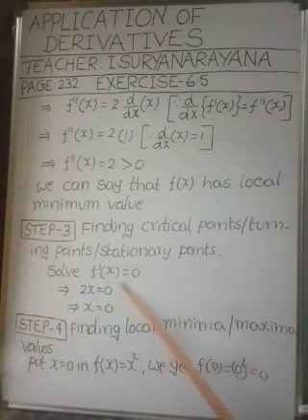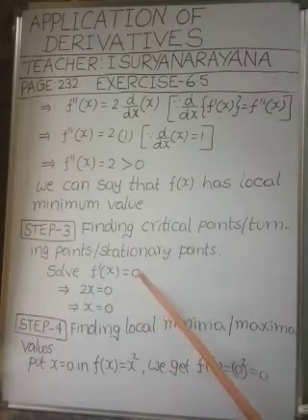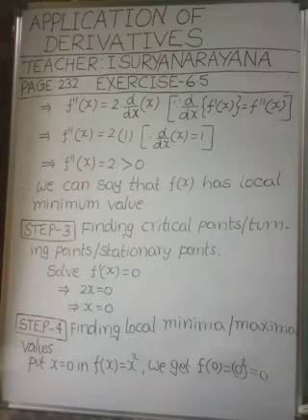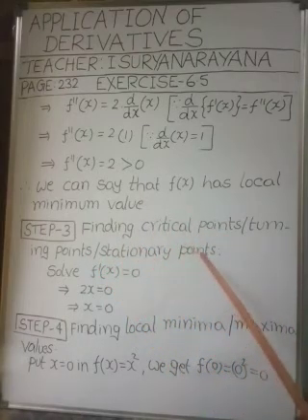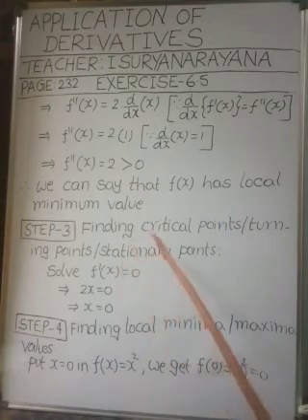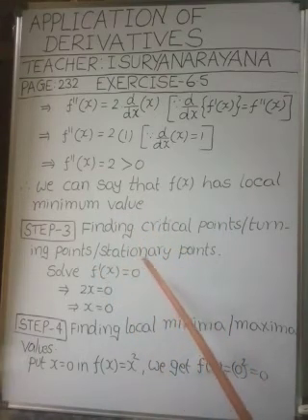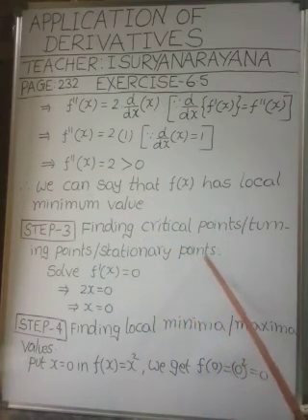We have to write this equation and solve it for the values of x. The values of x are nothing but the critical points, turning points or stationary points. Understood this point, my children?